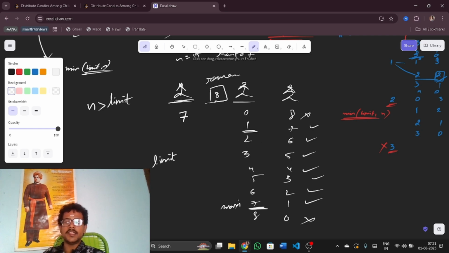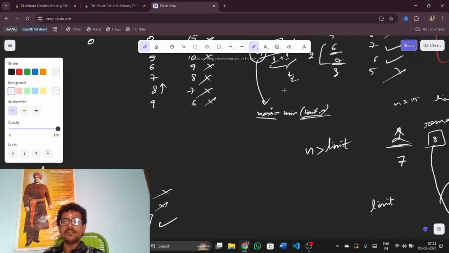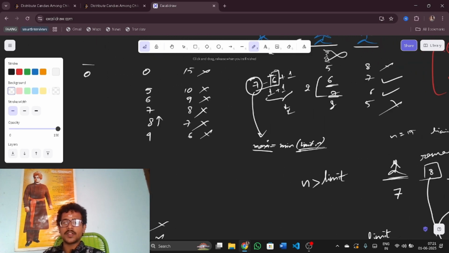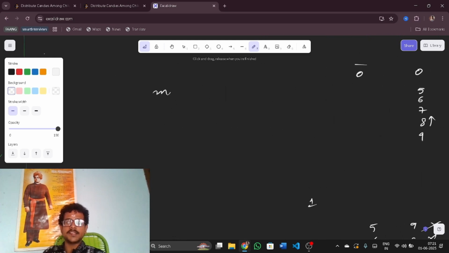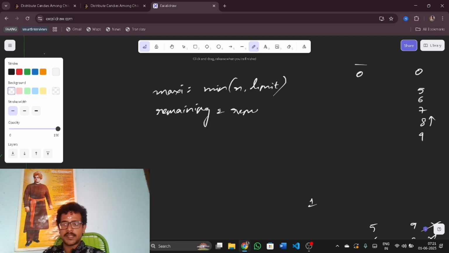But if you see, 8 minus 7 is giving me just 1. So the remaining will be decremented by maxi. So what I am doing is maxi is equal to minimum of n comma limit, right? Now the remaining is remaining minus maxi.